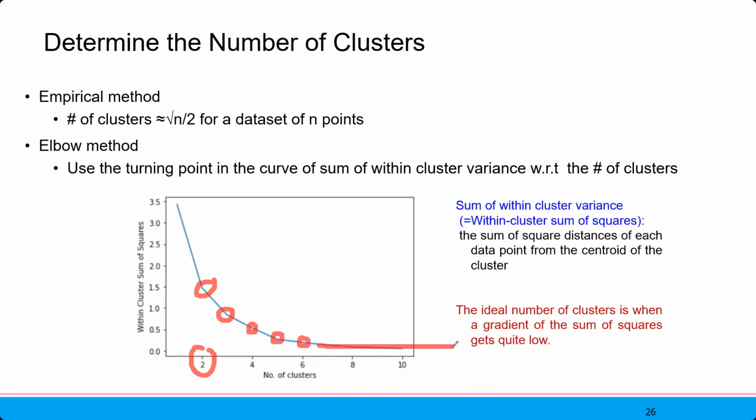Now, which cluster number is the best? We call this the elbow method. You know elbow? This one, elbow. It means that the ideal number of clusters is where the gradient of the sum of squares gets quite low. After this slope, it gets slower, slower, slower.